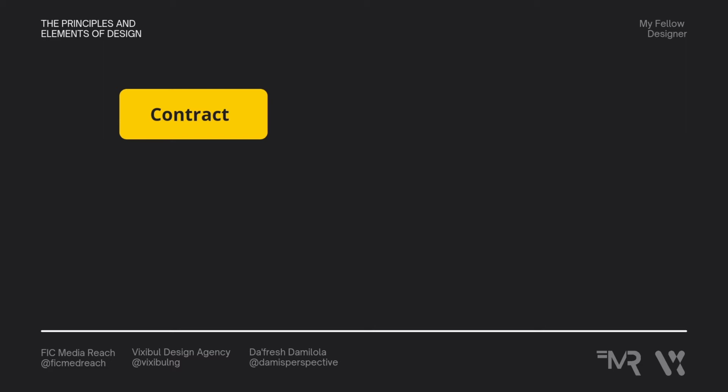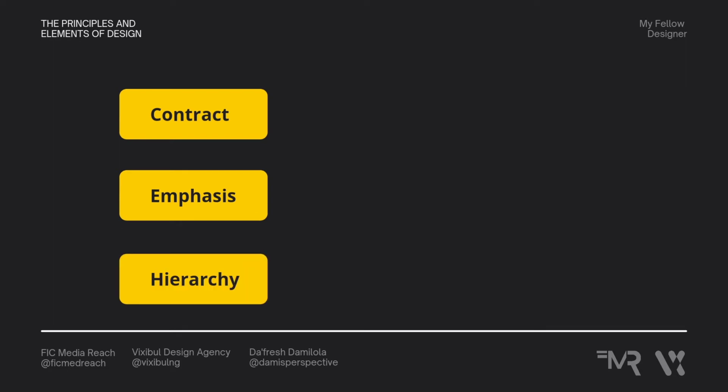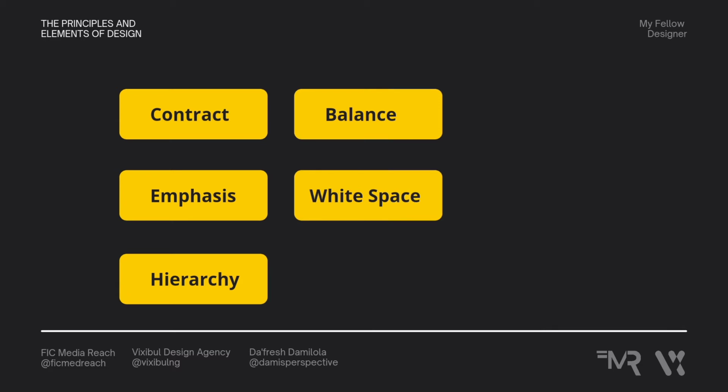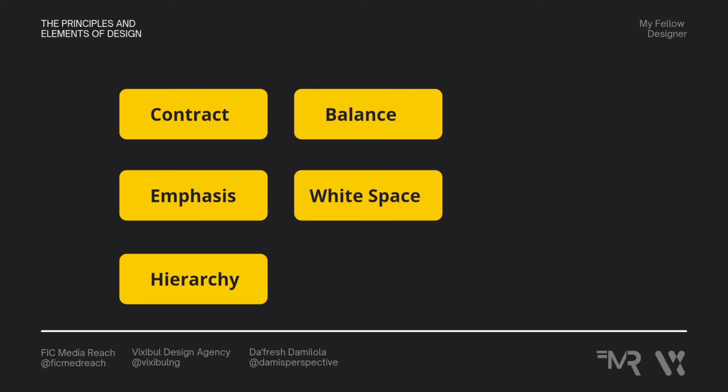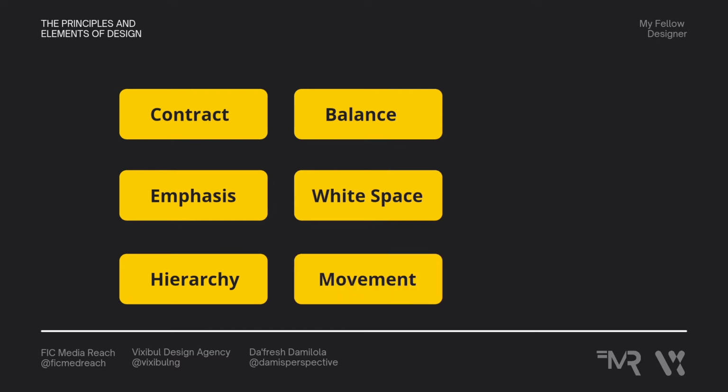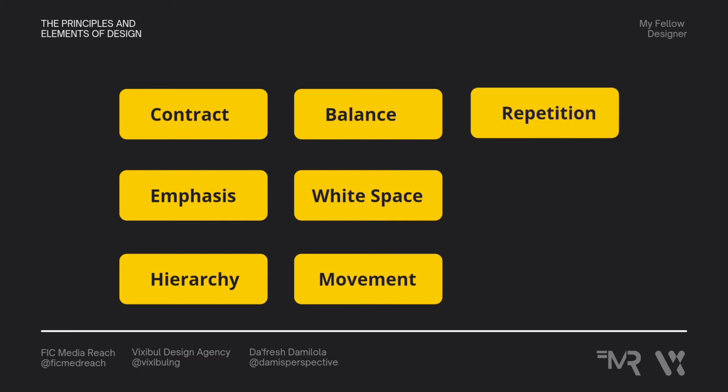So we have contrast, emphasis, hierarchy, balance, the principle of white space, and the principle of movement. Wait, something is moving, something fishy is going on. I didn't plan that actually, but you see, something is moving. That's the principle of movement. We have the principle of repetition, the principle of unity, and we also have the principle of proximity.